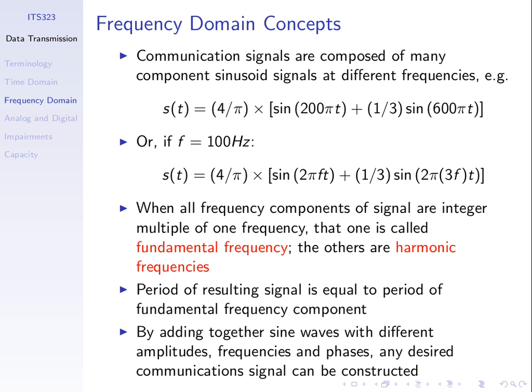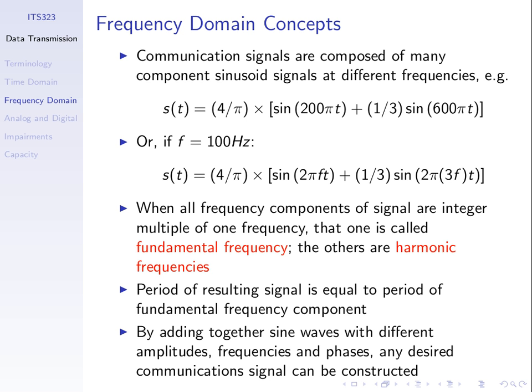And that component has a peak amplitude of 4 divided by pi, which is 1.3 something. So what we get in a plot from the frequency domain is an impulse at that frequency and with a height of the peak amplitude.